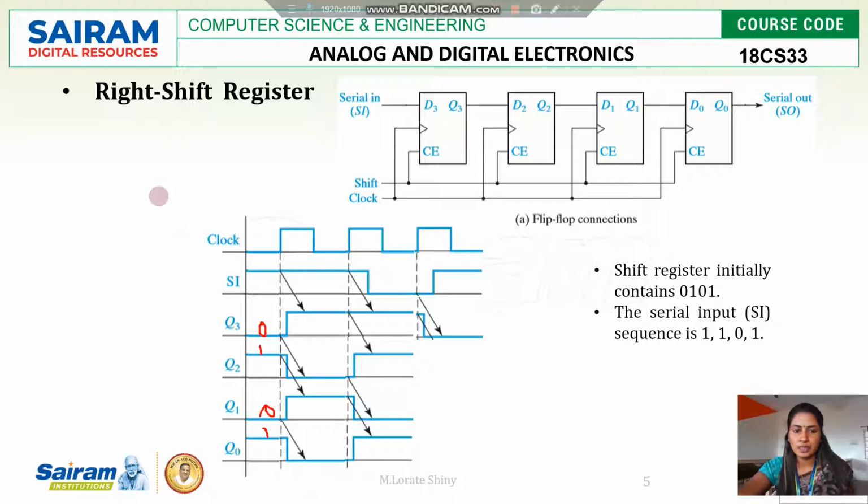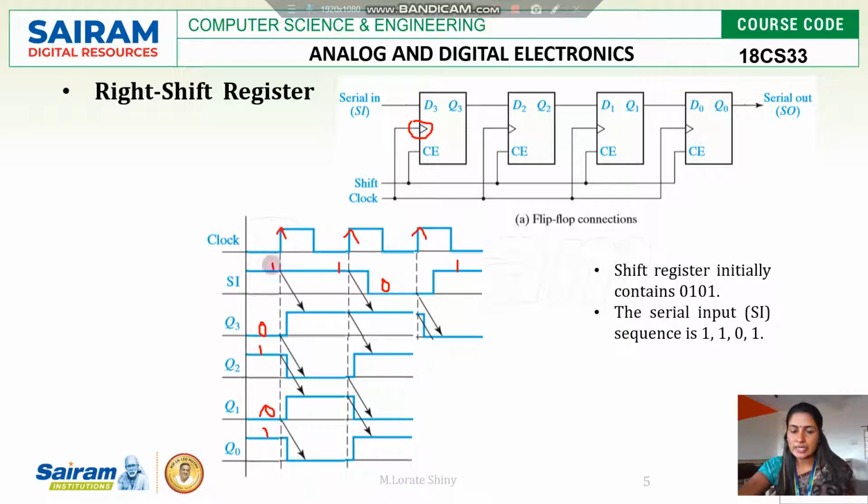You can see the serial input is 1, 1, 0, 1. Okay, and the clock is a positive clock, so operations will happen only at the positive edge. Okay, first positive edge I am checking.